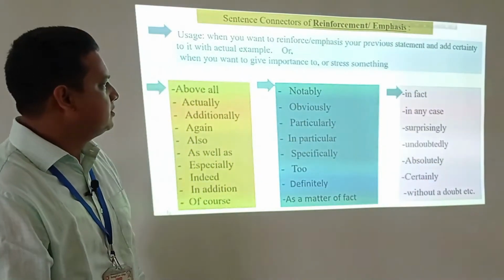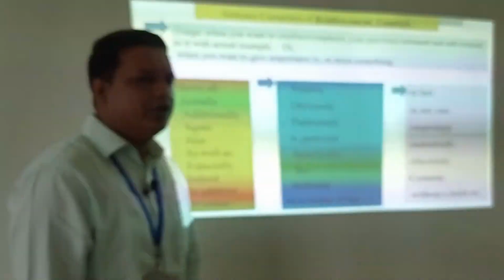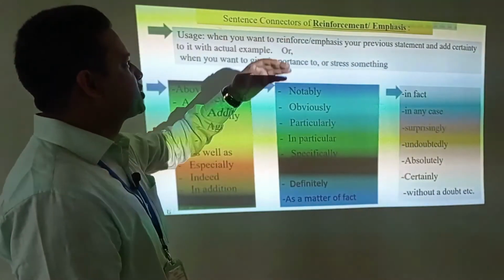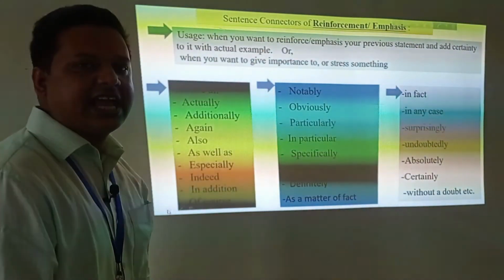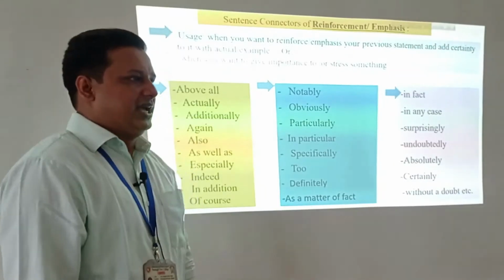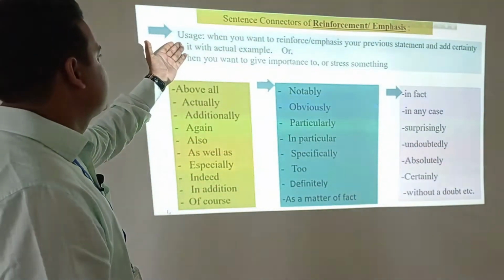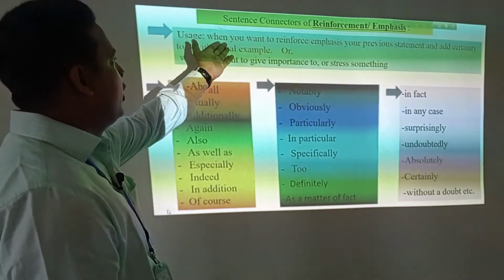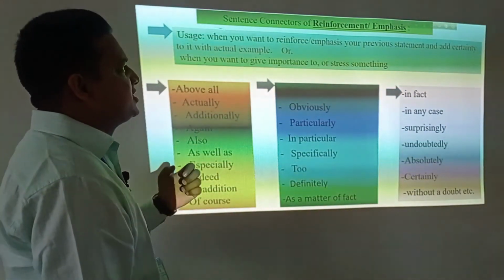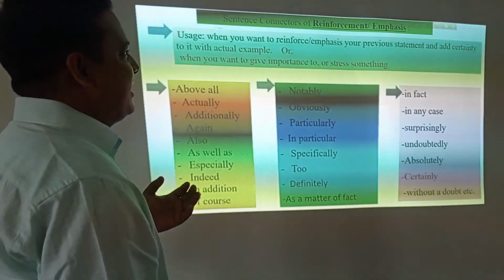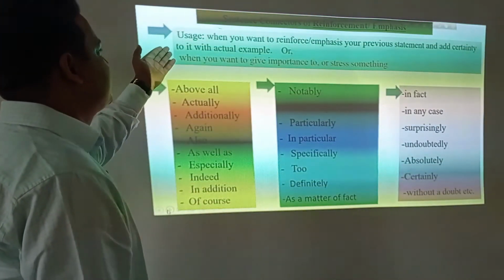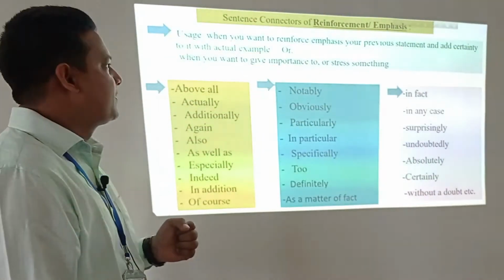Dear students, at first we will know about sentence connectors of reinforcement or emphasis. And when will we use this type of sentence connectors? You use them when you want to reinforce or emphasize your previous statement and add certainty to it with an actual example.